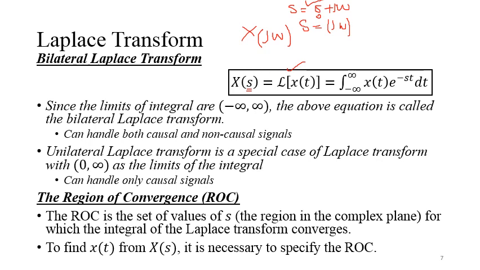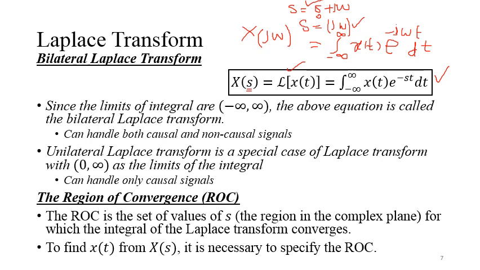If you recall, for the Fourier, X of j omega is equal to the integration from minus infinity to infinity of x of t multiplied by the exponential e power minus j omega t, and dt. So this was the case for the Fourier, because we assume purely imaginary values. Now it will be written like this one. I hope it's quite straightforward to understand, right?